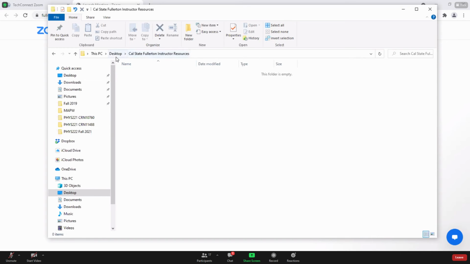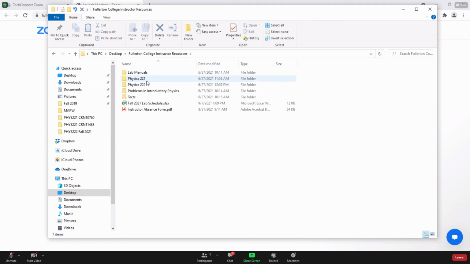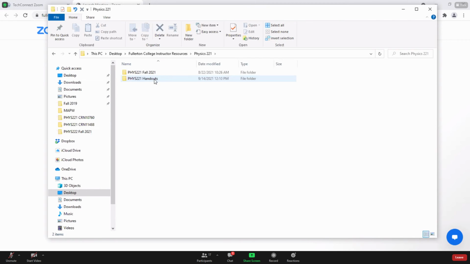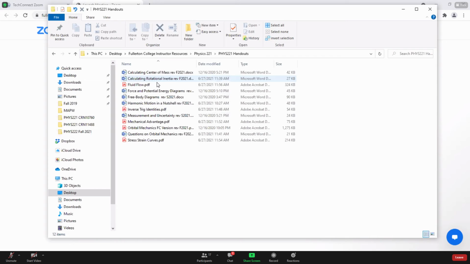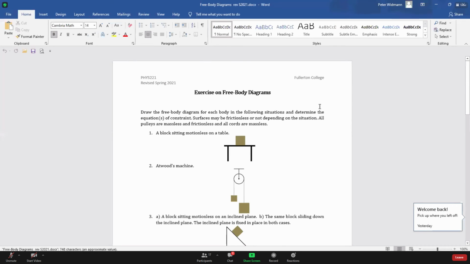Oh, I'm looking at the wrong one. Jeez. Okay. Now, under handouts, you'll find this. It is free body diagrams, and it looks like this.